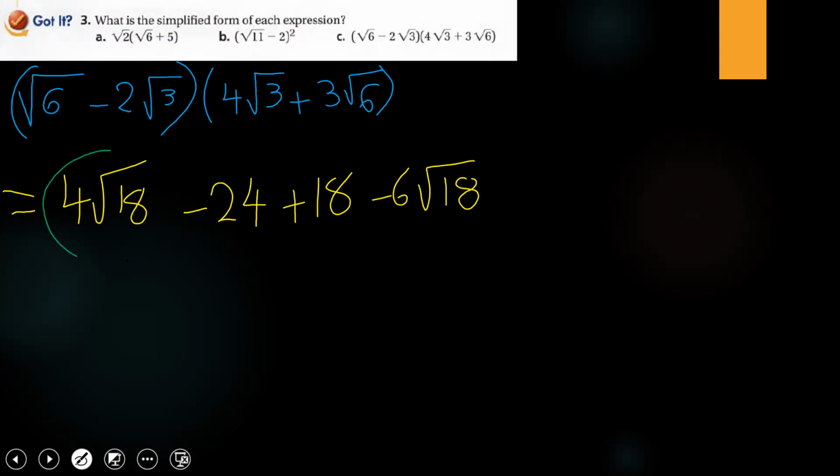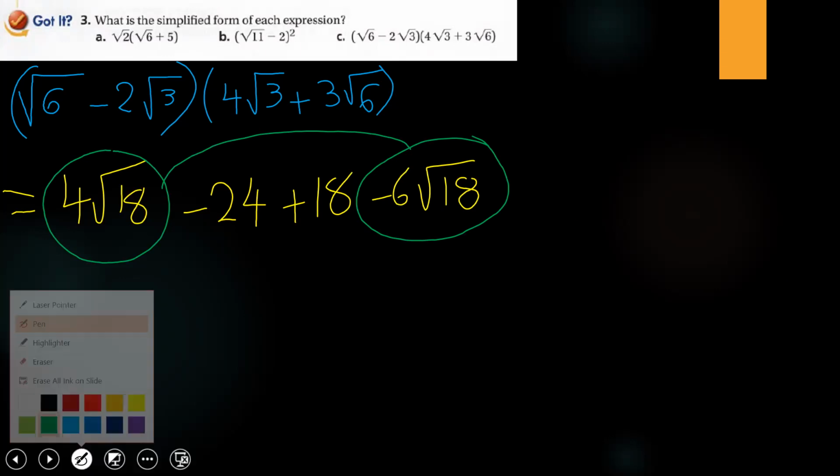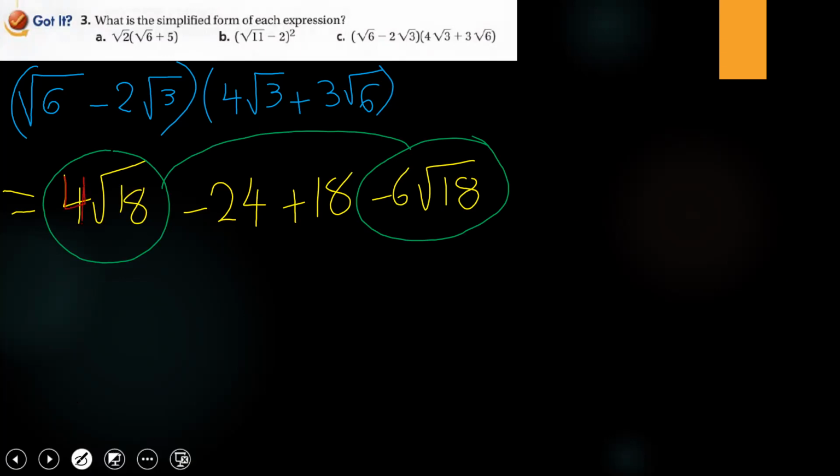4 square root of 18. So I will add the radicals with each other and the numbers with each other. So here we have 4 square root of 18. I will add it with negative 6 square root of 18. We have the same like radicals, so it can be added. So let's say now 4 minus 6 is negative 2, and we choose one of the square roots.